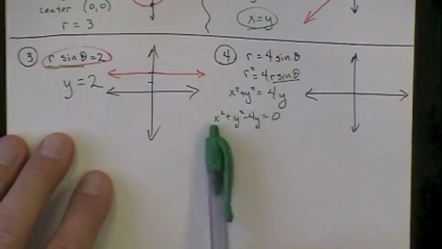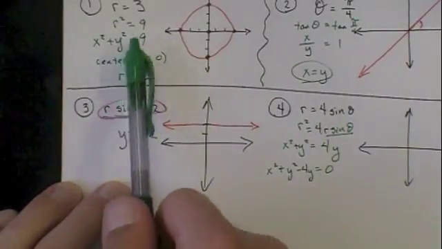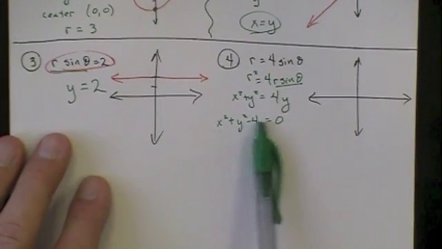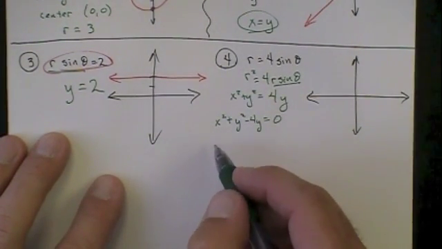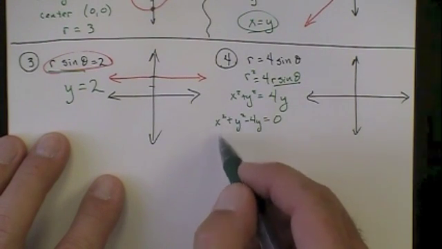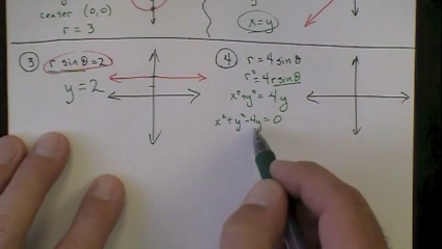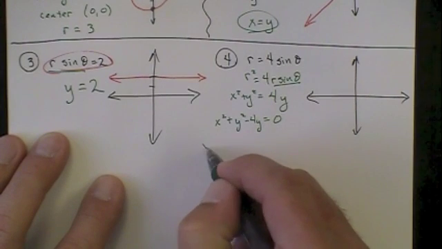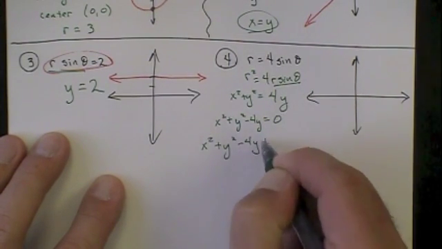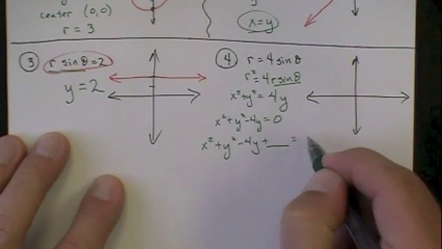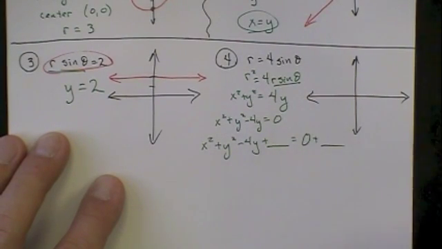Now that's starting to look like our equation for a circle. Remember, we did this at the beginning of the semester. Our x squared, that's fine the way it is. We're saying that we have our x coordinate at 0. Y squared here, what we need to do is complete the square. So we have y squared minus 4y plus some value, and then we're going to have to add that same value on this side.